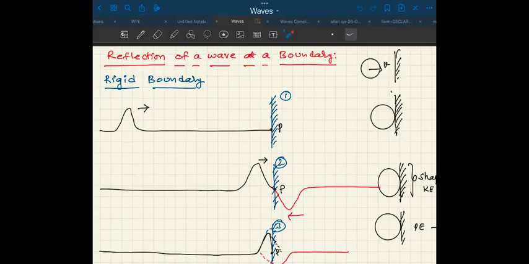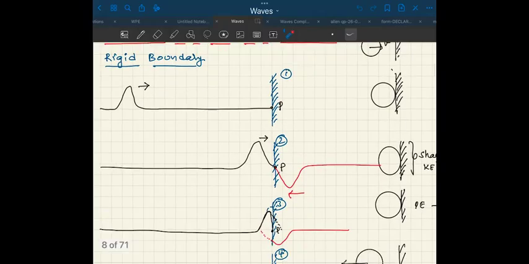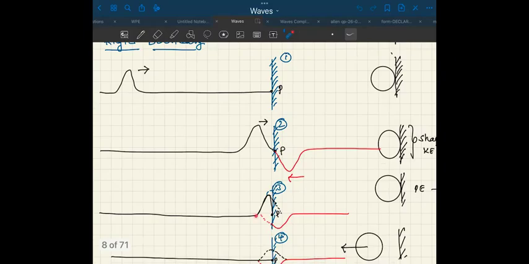So therefore, the reflected wave is such that all the time the point P has zero displacement. Now you see, the wave would have progressed like this. The reflected wave would have progressed like this so that they cancel with each other so as to make P zero.